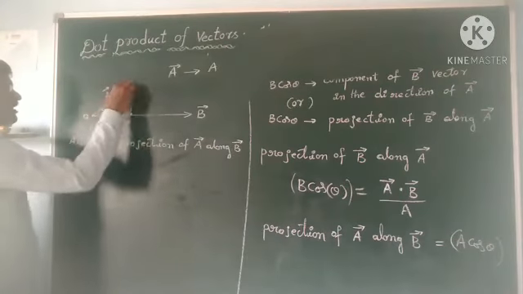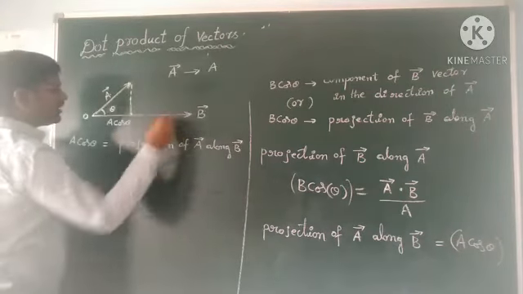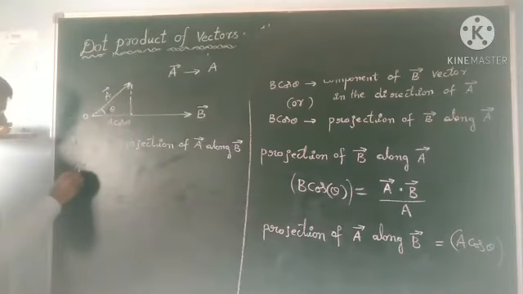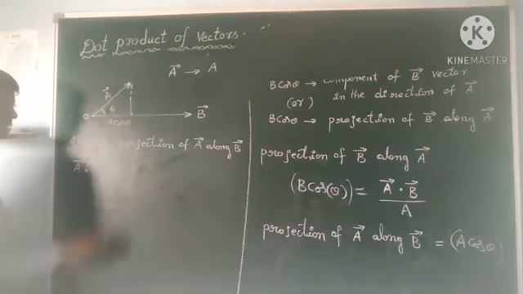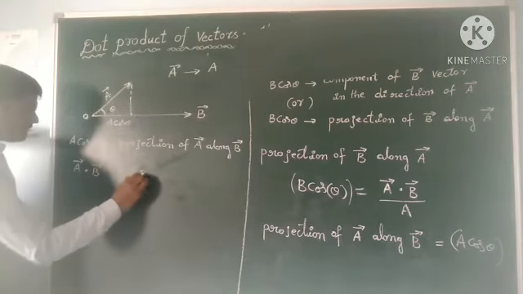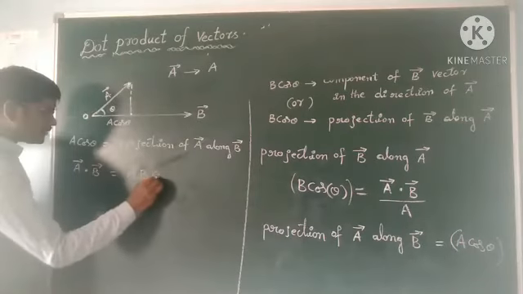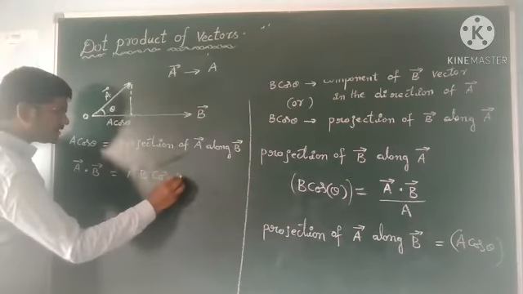This is a vector A bar, this is a vector B bar, then the dot product A bar dot B bar is defined as magnitude of first vector into magnitude of second vector into cosine of the angle between them.